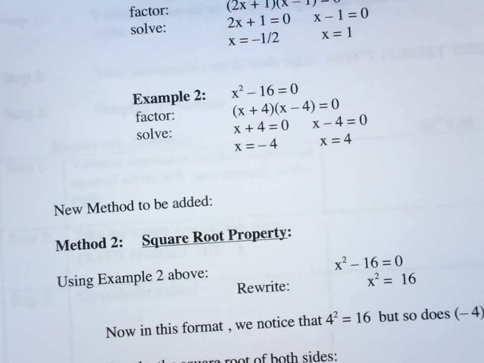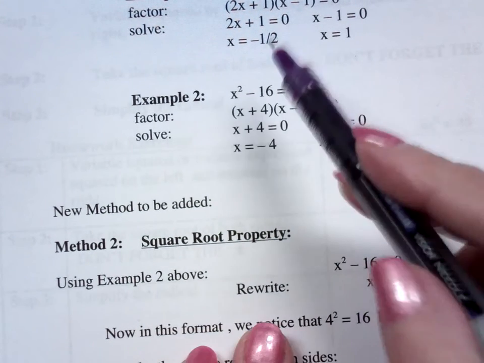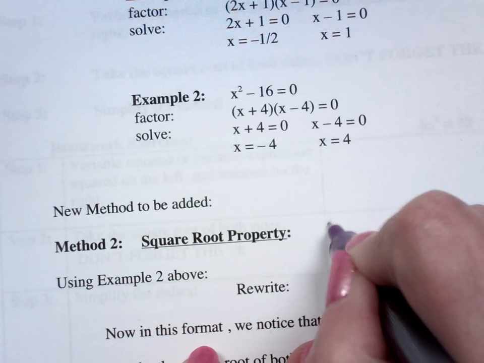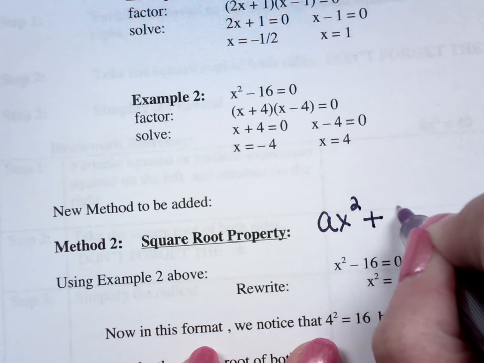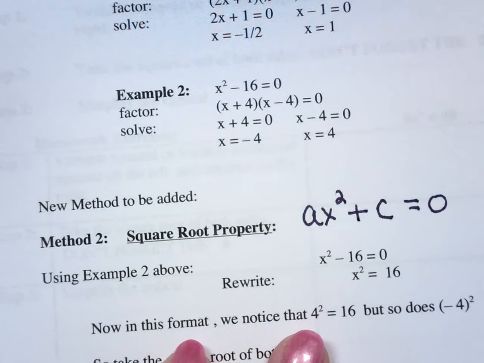Now the square root property, when you're looking at it, it doesn't have 3 terms. It's got to have the squared term and the constant term. There's no x term.